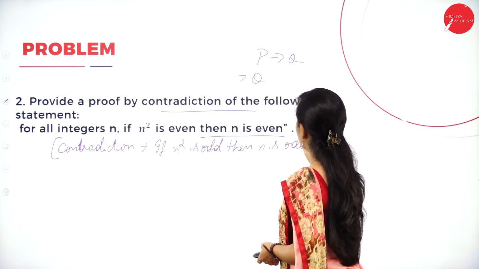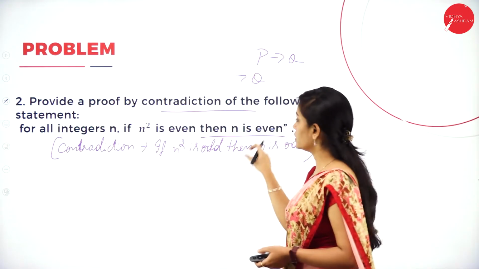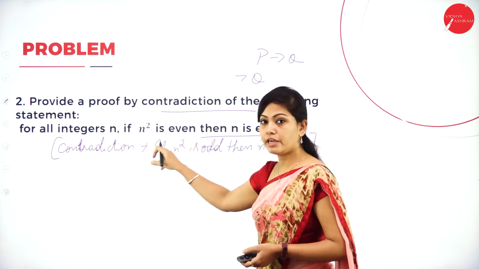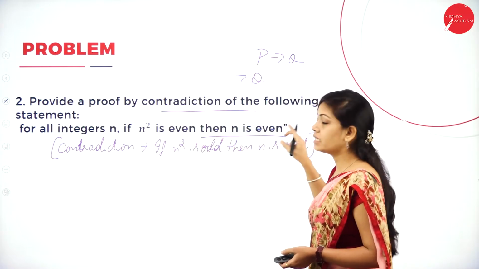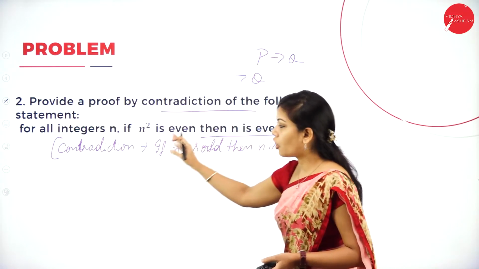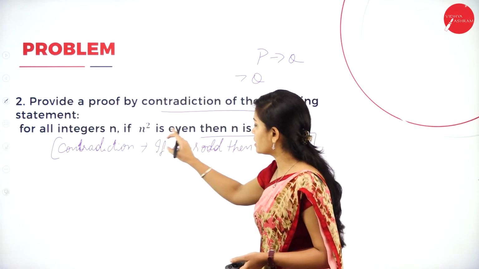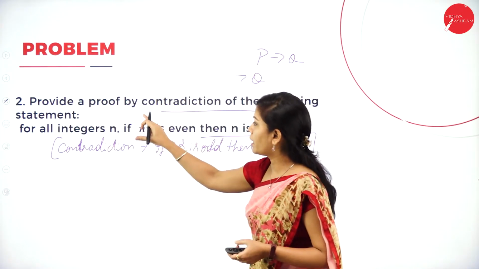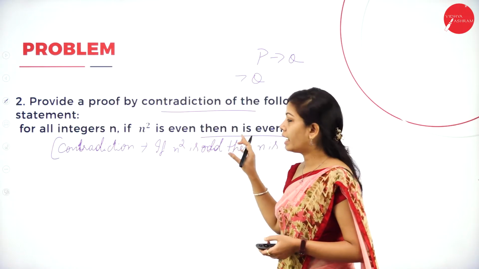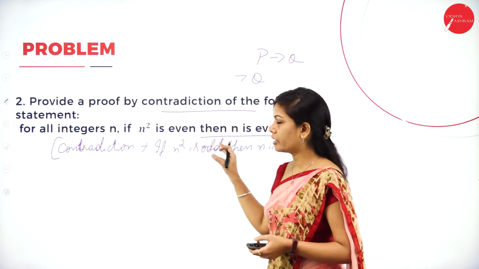So this is a contrapositive or contradiction of the given statement. In the given statement they have mentioned that if n square is even, then n is even. But in contradiction, if n square is odd, then n is odd. We have to prove this. Clear? And now I will prove this.